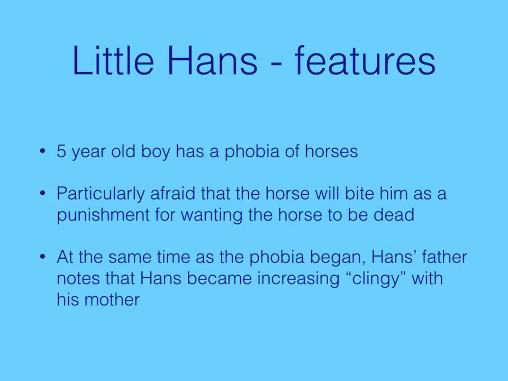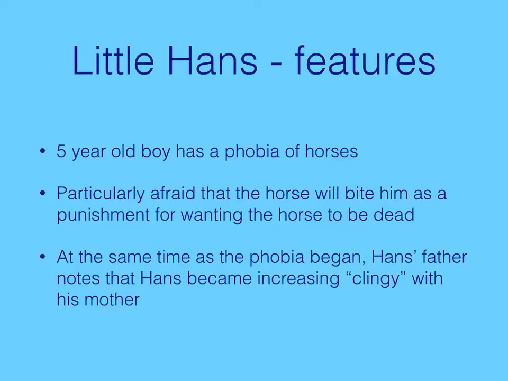So what Freud argued was that the horse was a symbol of Hans' father, the horse being very, very powerful, symbolic of the father's power, and Hans' idea of wanting the horse to be dead represented Hans going through the Oedipus complex, i.e. wanting the father out of the way so that he could have his mother all to himself. And this is further demonstrated by Hans' behaviour towards his mother at around the age of 5, when he would be in the phallic stage of development.